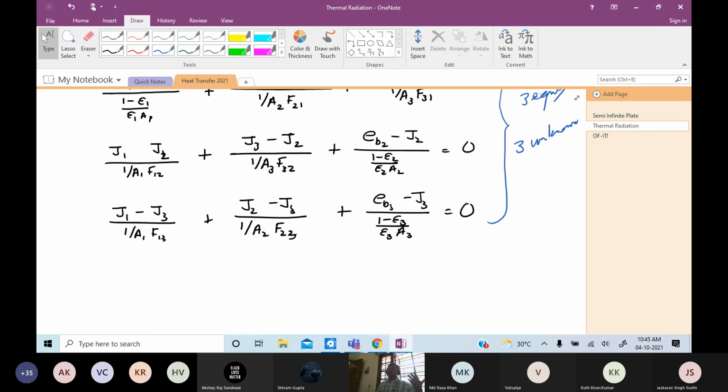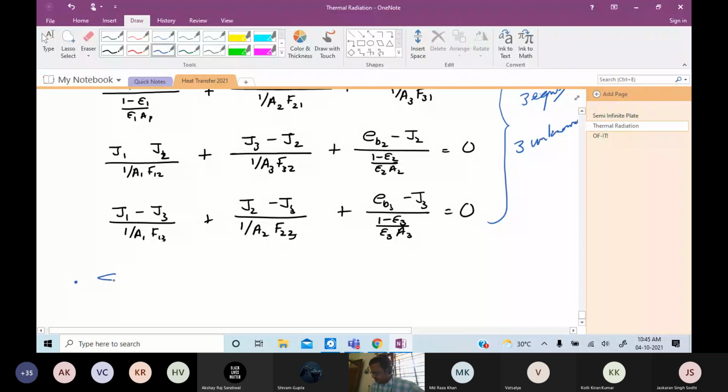When we go to 4 or 5 or n, then we need to take help of computational tools, okay? Like Mathematica, Maple, these kinds. And if you know the values, then you can even use matrix inversions and write your own code as well. Okay, so this is what it is.